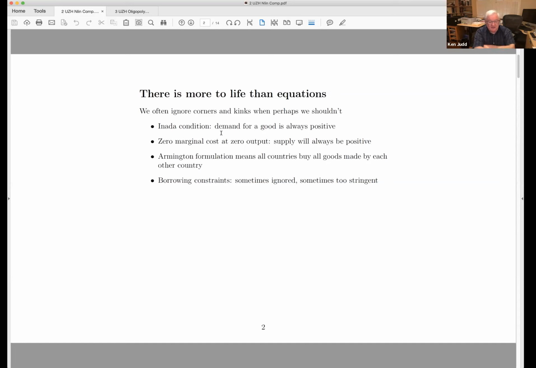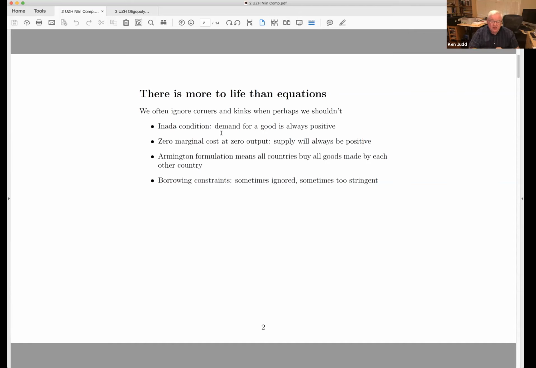Now, this is a bit strange in many ways, but the advantage of it is that the demand for every good by every country is just the solution to a first order condition, an equation.